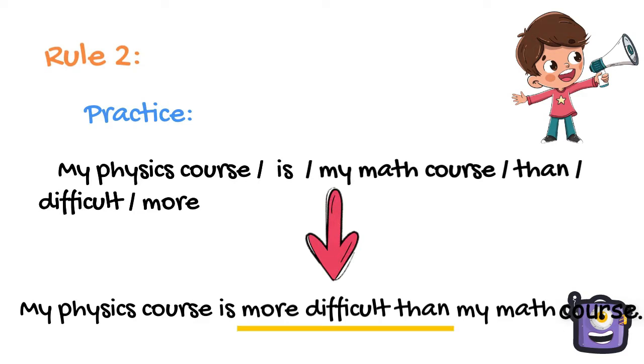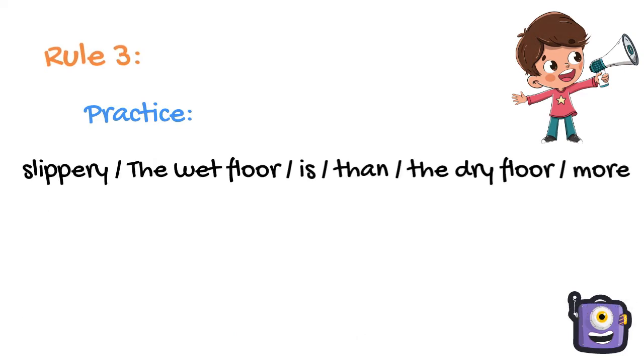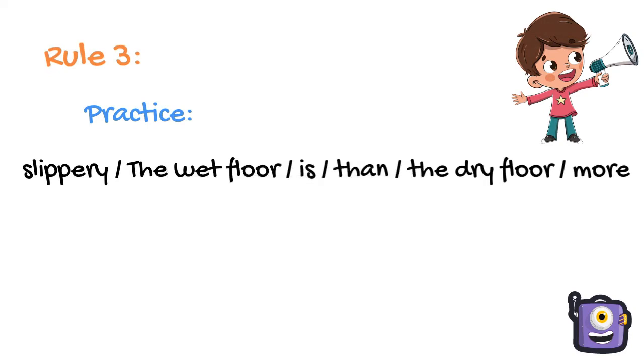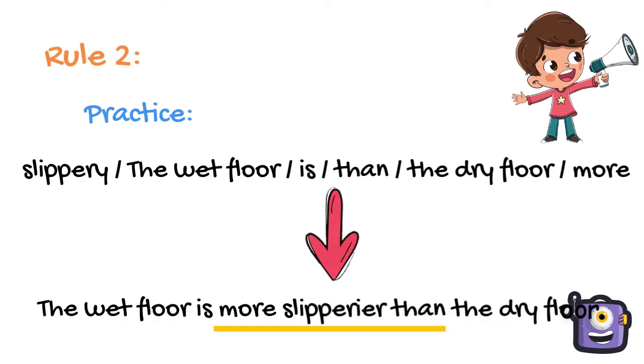And the answer is: my physics course is more difficult than my math course. Third. And the answer is: the wet floor is more slipperier than the dry floor.